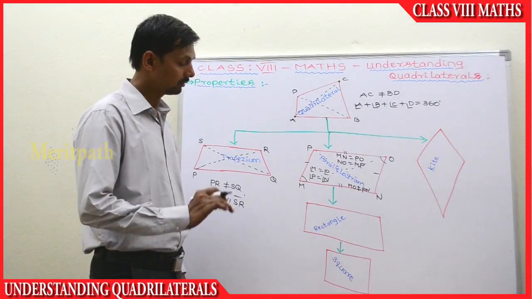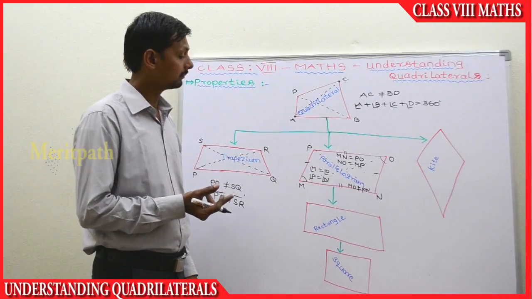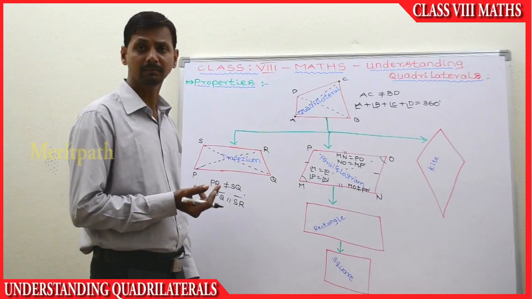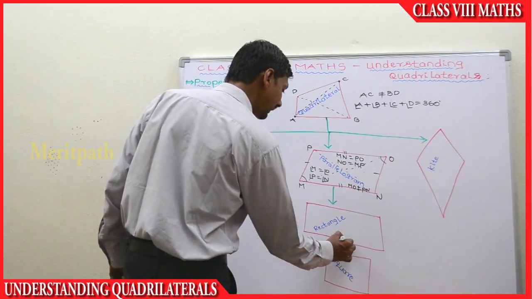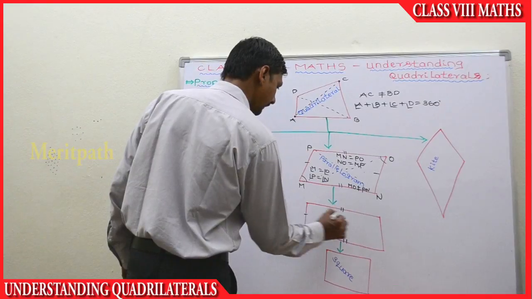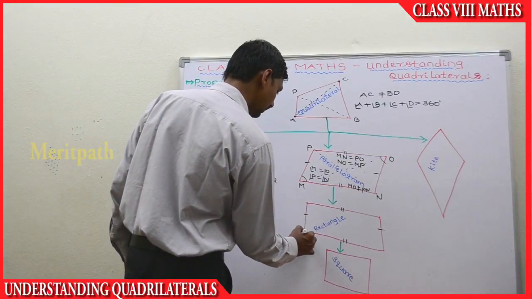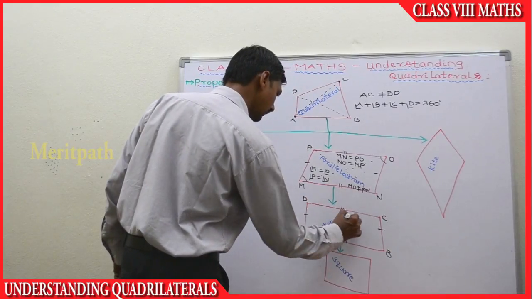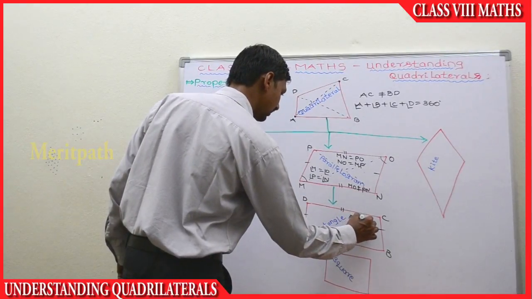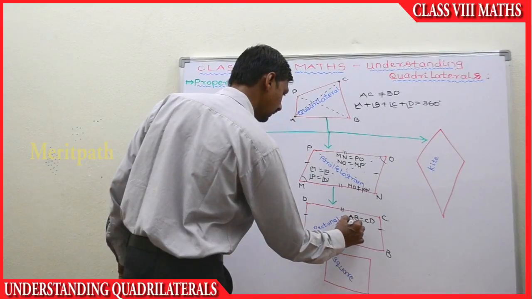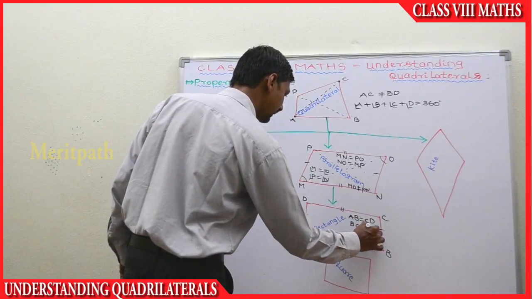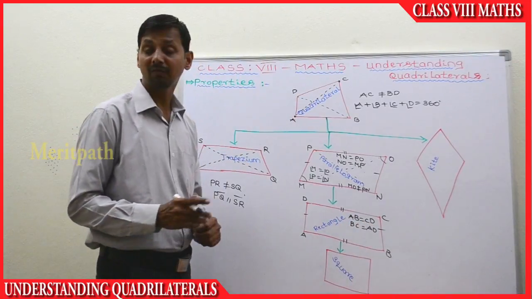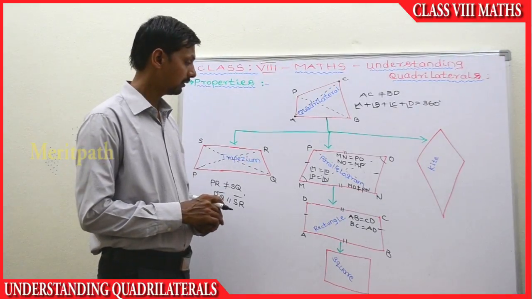And coming to the next, rectangle. Here opposite sides are equal in a rectangle. Let's take the same name ABCD. AB is equal to CD and BC is equal to AD. Opposite sides of a rectangle are equal.